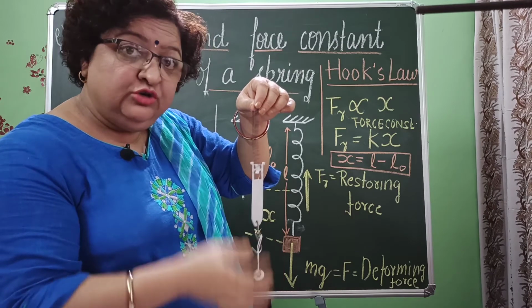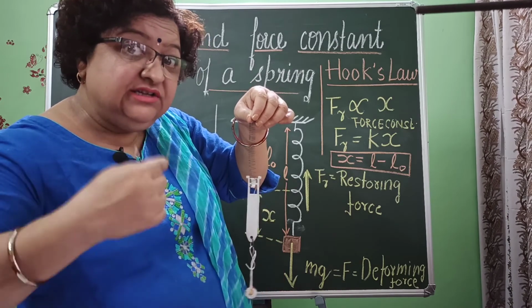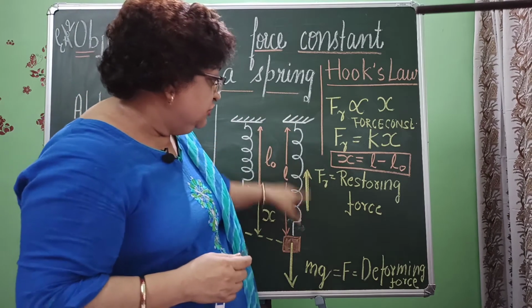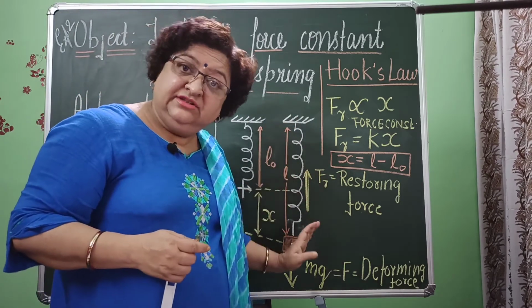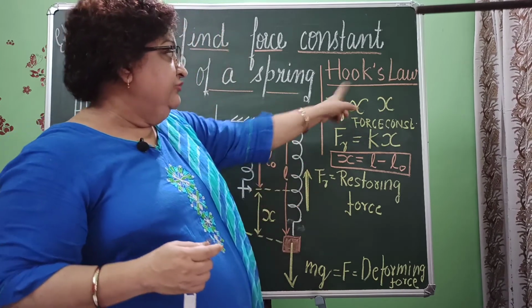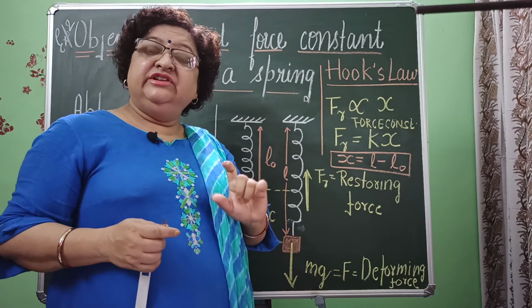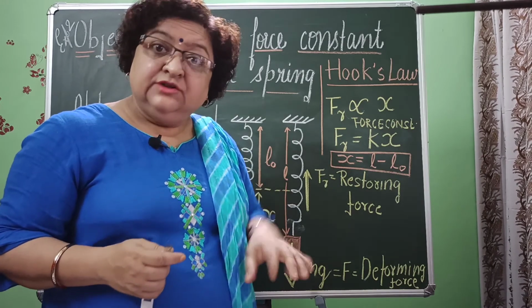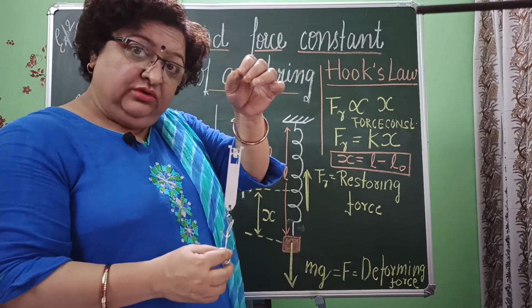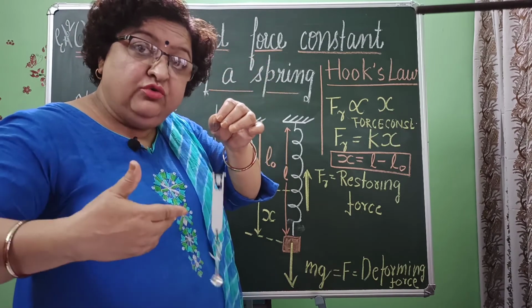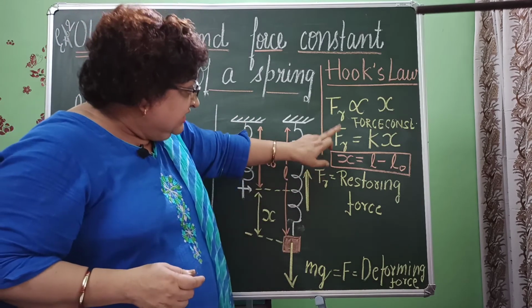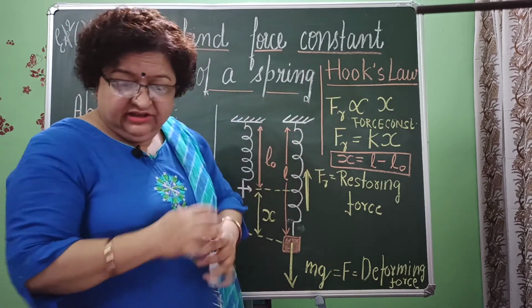This constant force pulls the spring down, and as soon as the spring starts stretching, this restoring force develops in the spring. But this restoring force is a variable force which depends upon the stretching or the elongation. So as soon as this mass is pulling the spring down, this restoring force keeps on increasing.